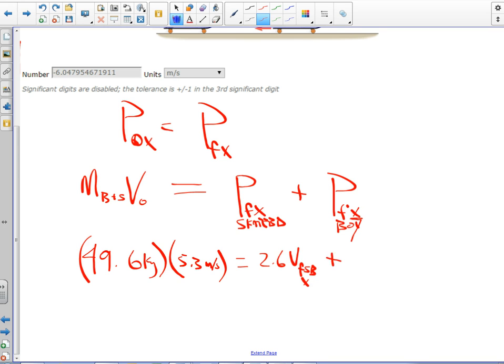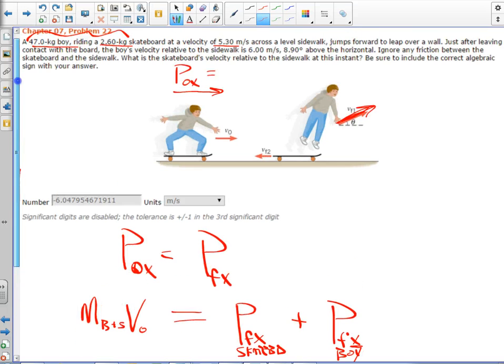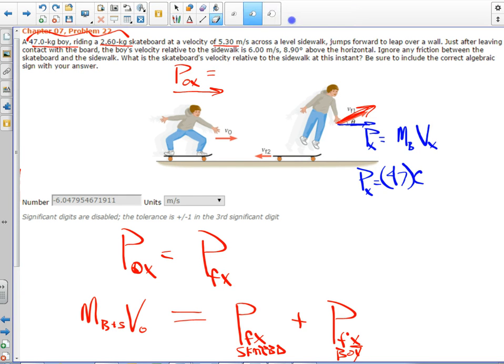Plus, now, this is where the component part comes in. I'm only interested in Jimmy's horizontal component to his momentum. So therefore, the horizontal component of his velocity. So the x component of his momentum is going to be the mass of the boy times the x component of his final velocity. So that x component is going to be the 47 kilograms times, well, let's go to the magnitude first.